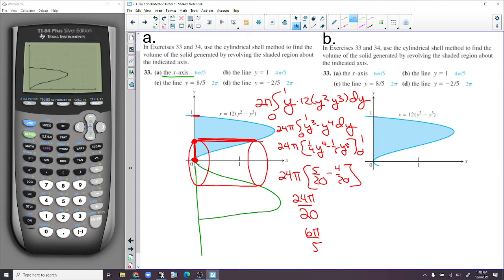Here, we're going over y equals 1, right? That's up here. That means the halfway turn is over here.